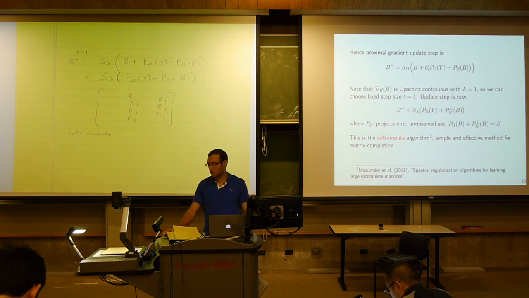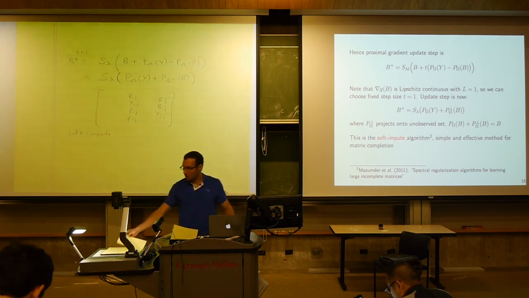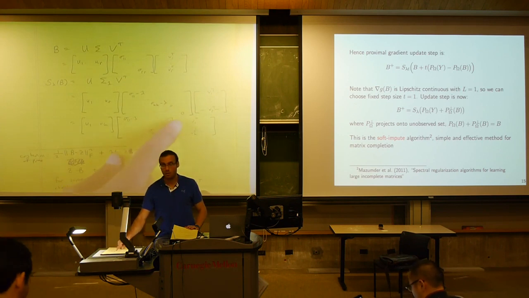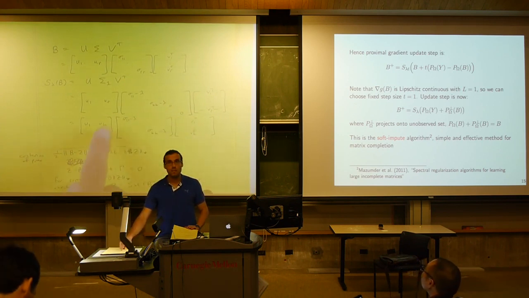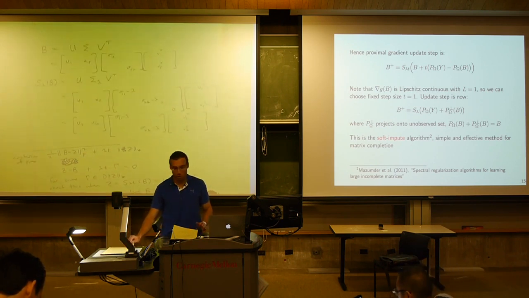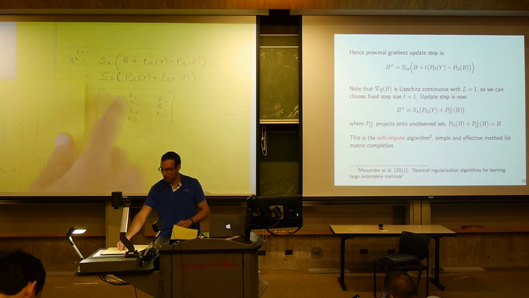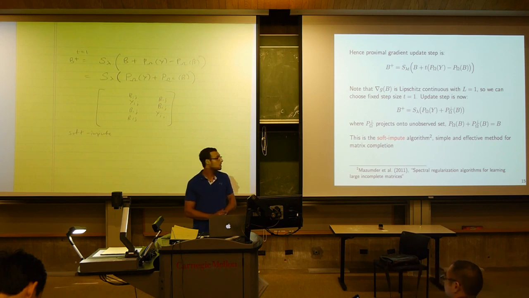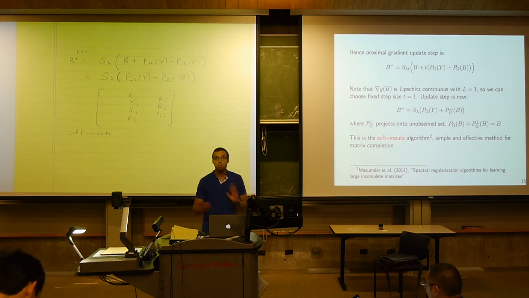Neither do their corresponding singular vectors, because of this picture: this matrix product, if we send all these to 0, is nothing more than taking the singular vectors corresponding to the singular values that survived. So you can compute this SVD efficiently, which makes proximal gradient for this problem runnable even on very large problems. But still, one has to be very careful. It's just worth pointing out.